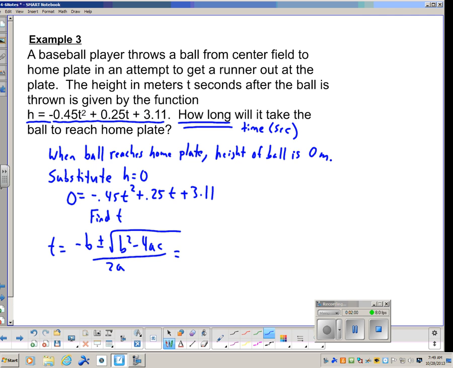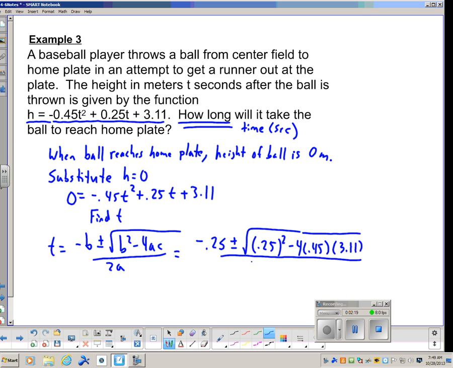Our b value here is 0.25, so I can say negative 0.25 plus or minus the square root of 0.25 squared minus 4 times a times c, all over 2 times negative 0.45.